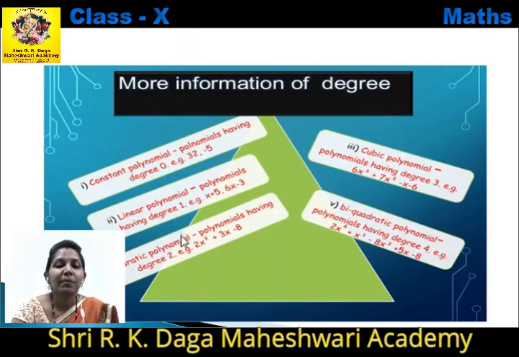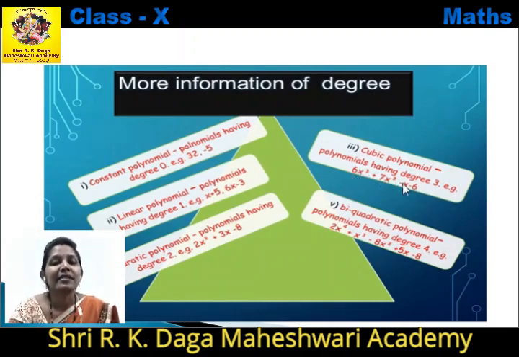Now quadratic polynomial. Polynomial having degree 2 is called a quadratic polynomial because in this polynomial the highest power of variable x is 2. Cubic polynomial. In cubic polynomial the degree of variable is 3, that is 6x cube plus 7x square minus x minus 6.